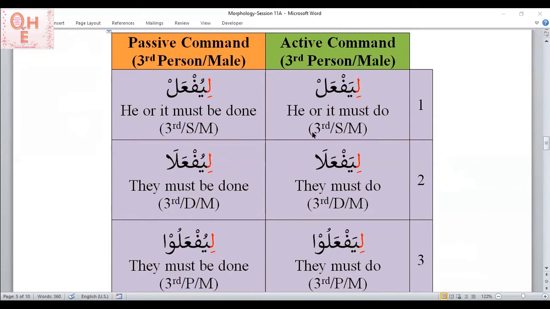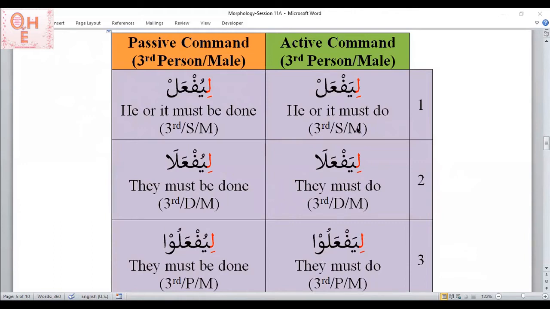First one, where the doer is a third person singular male, means he, the command verb is liyaf'al. So the Dhamma changed to Jazm. When the doers are third person dual male, the command verb is liyaf'ala. When the doers are third person plural male, the command verb is liyaf'alu.